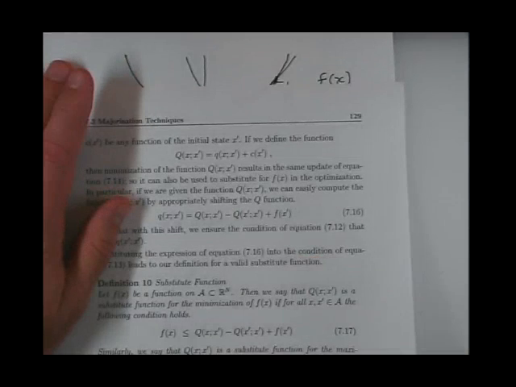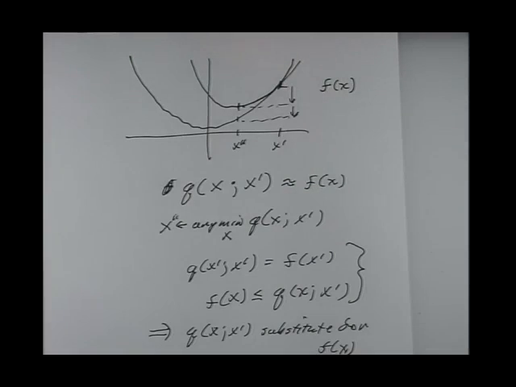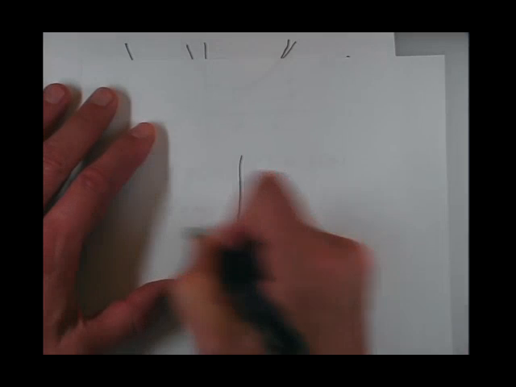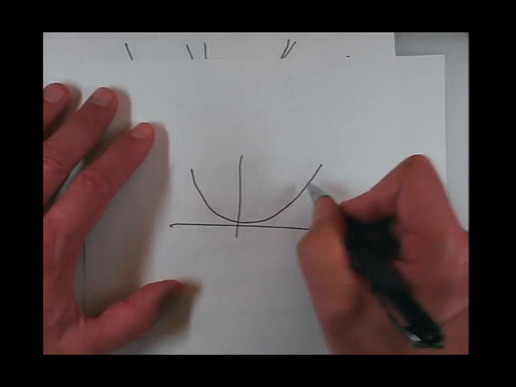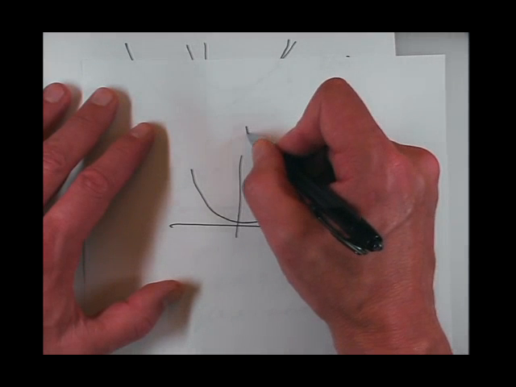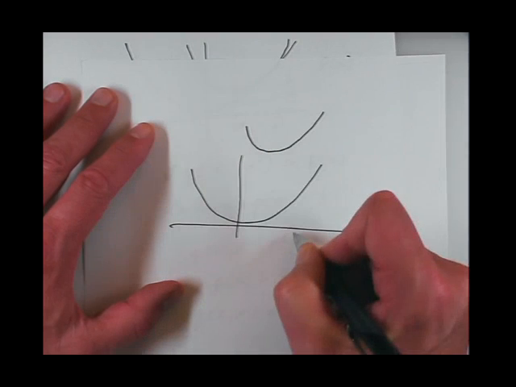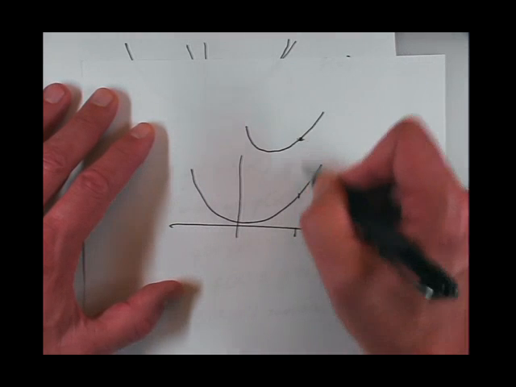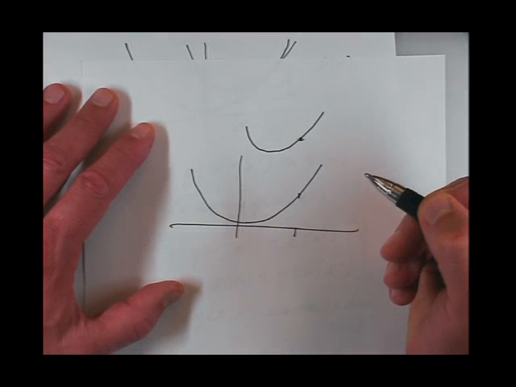Okay, so basically the picture is this. You have the original function, and now you can have any function such that at the current point, we take this point and shift the curve down so that they're equal at that point.